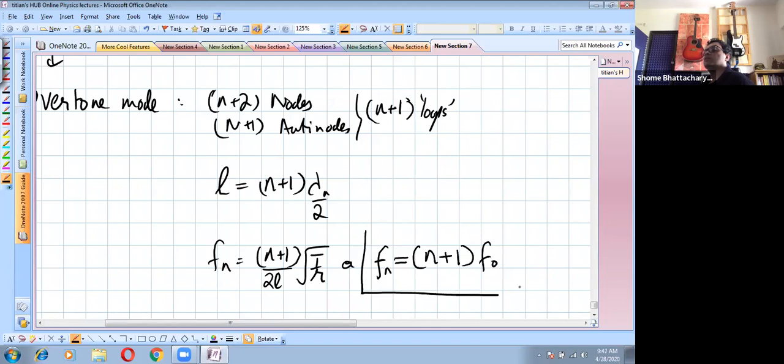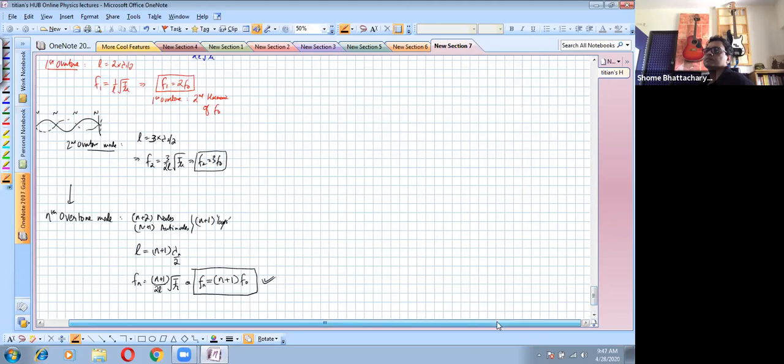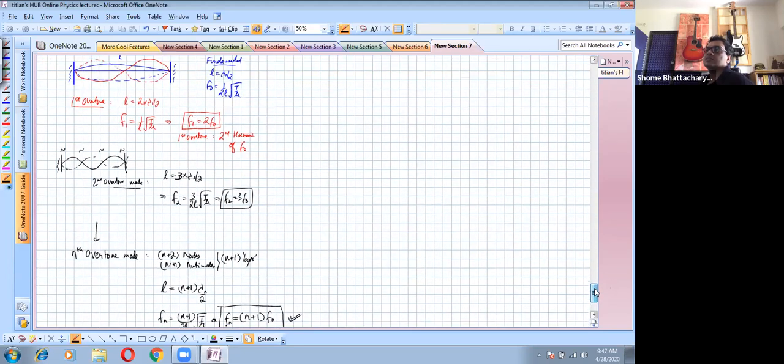So this is the general formula. First overtone is second harmonic, second overtone is third harmonic, like that we see. So the nth overtone mode has a frequency equal to the n plus 1th multiple of the fundamental, or what we call the n plus 1th harmonic. So this is the general description of this.